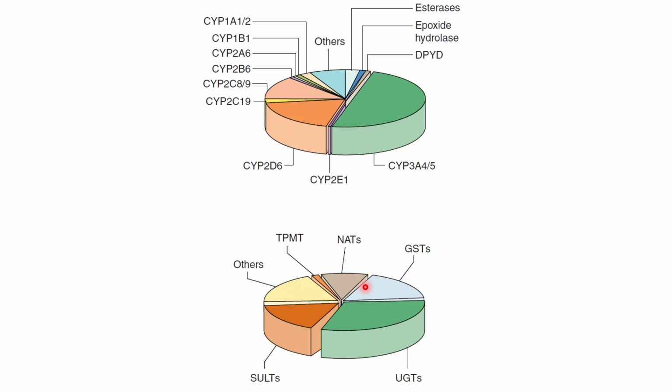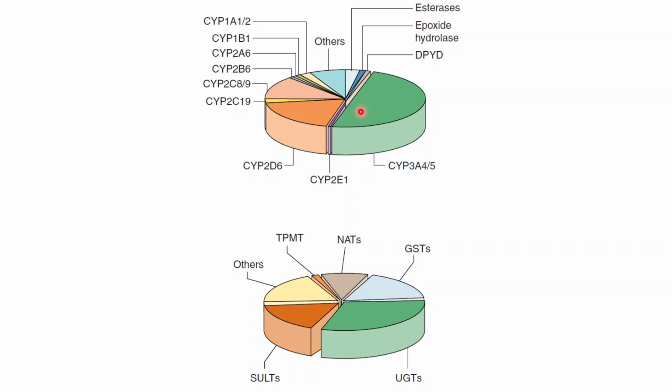And these phase 2 reactions are relatively faster than the P450 catalyzed reactions, and that accelerates the biotransformation. So I think we also have to accelerate because we are running out of time.